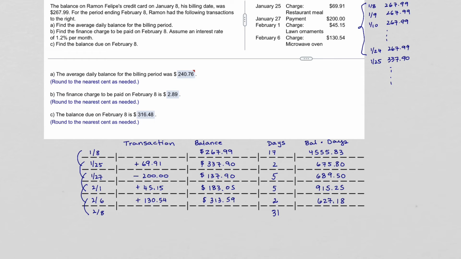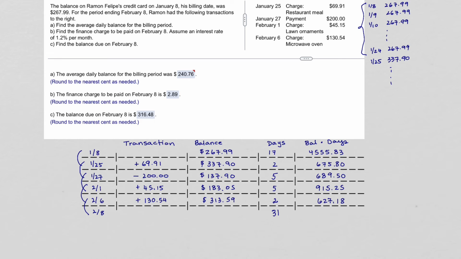Okay, so I've calculated each of the balances times the number of days that Ramon had that balance. And so I started with 267.99 times 17 days, and that gave us $4,555.83.